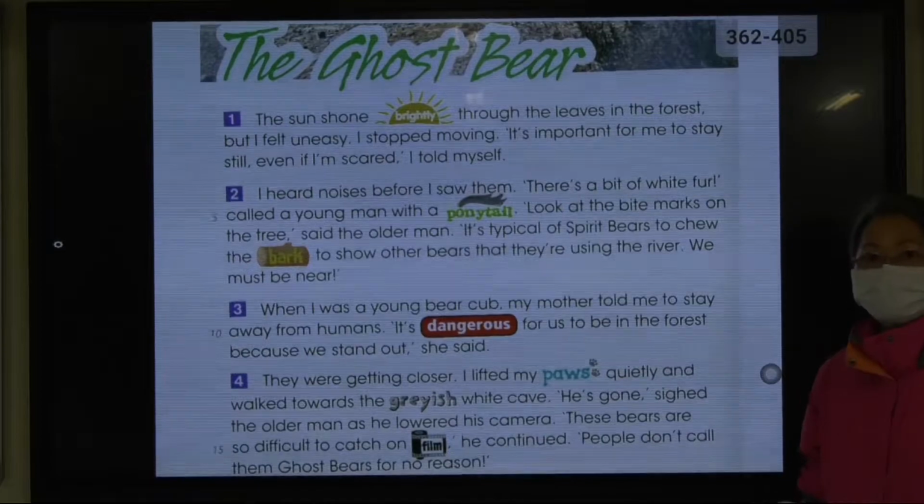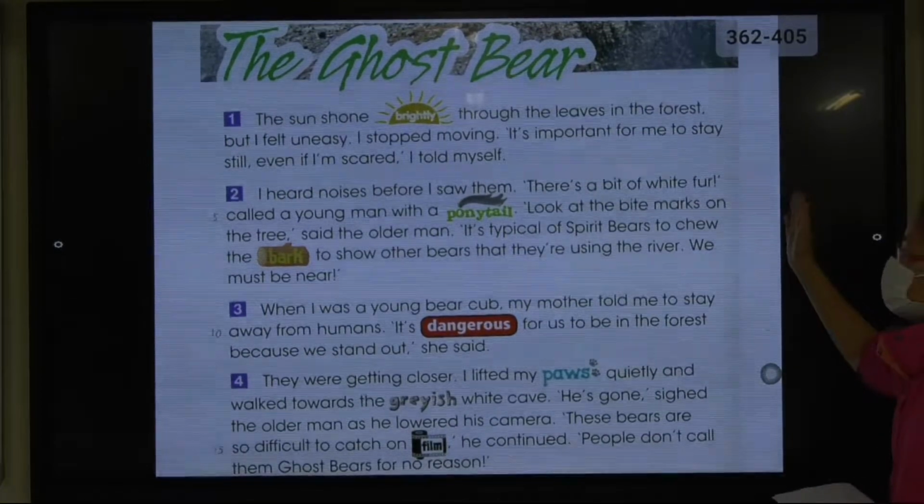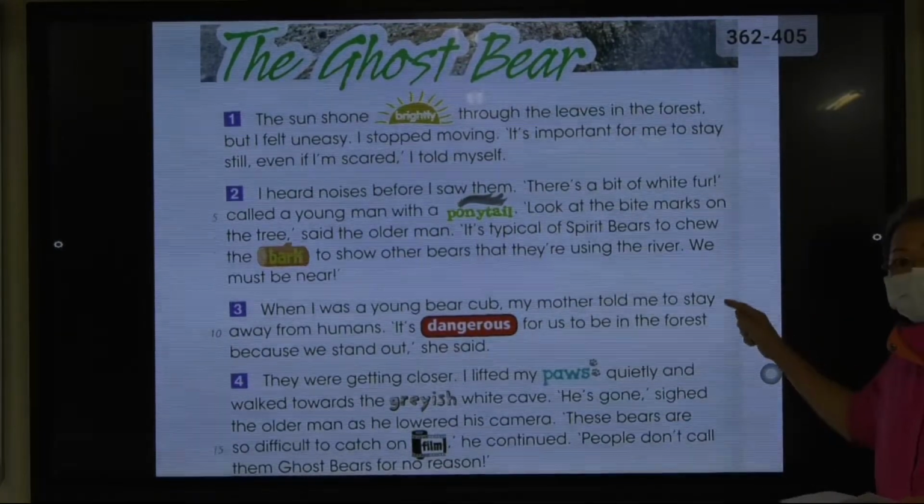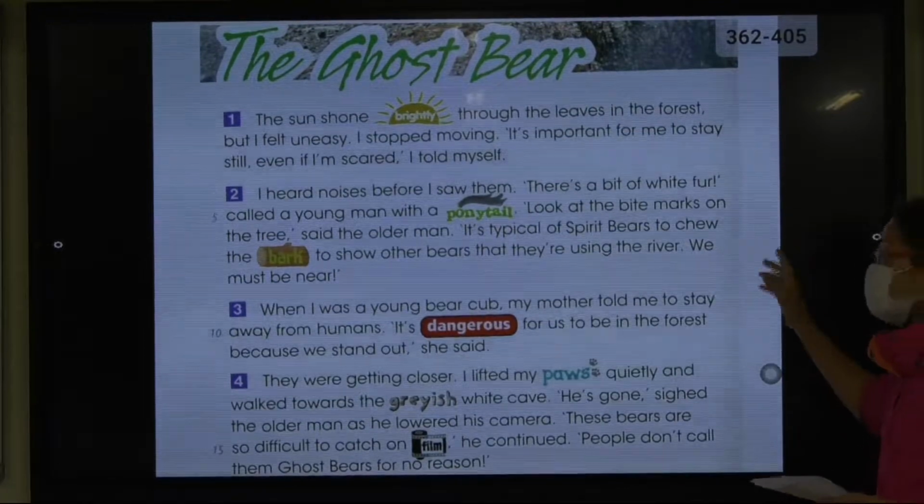Okay, what is the text type of this text? Obviously, it is a story, right?